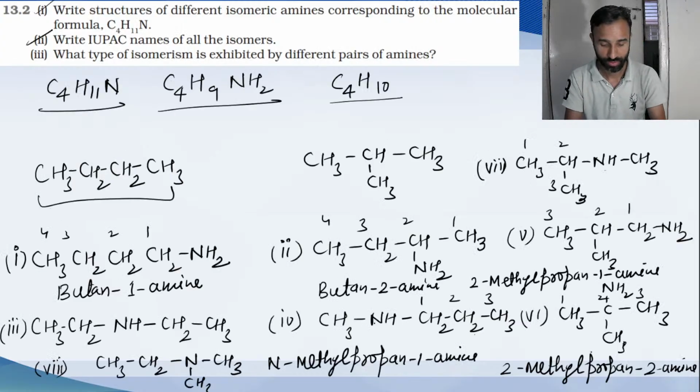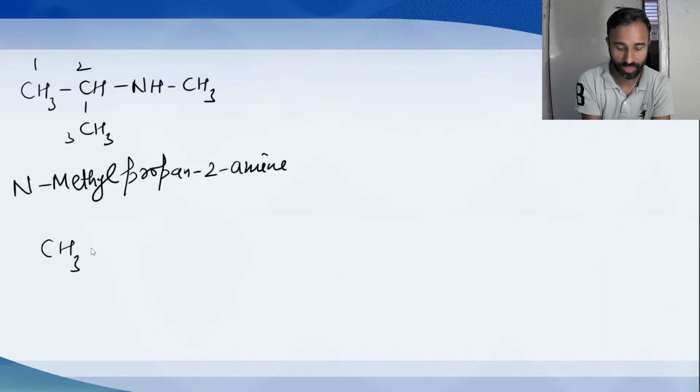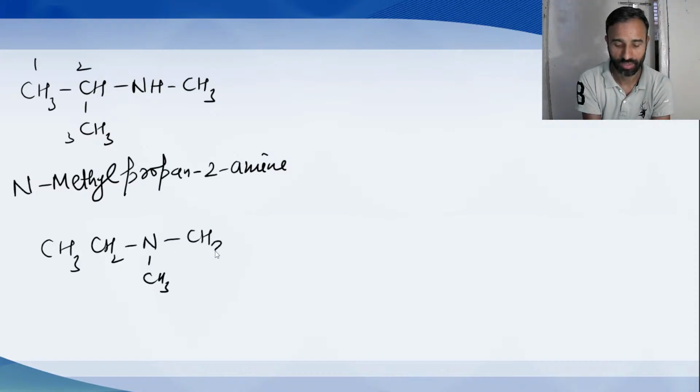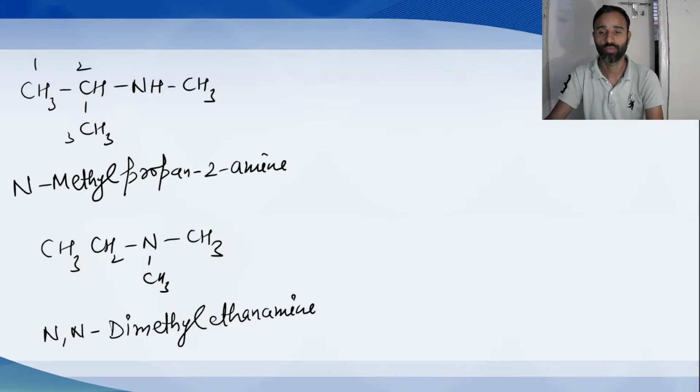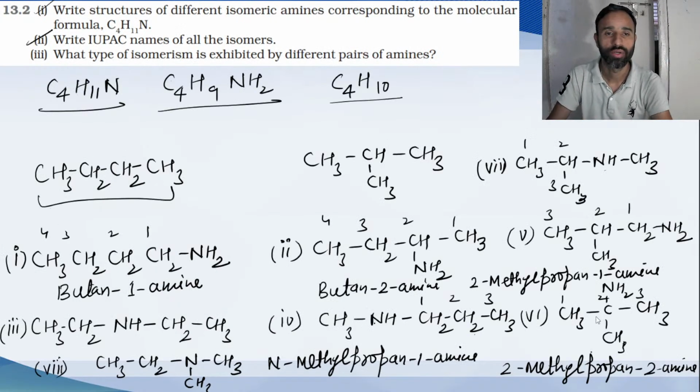Then it is CH3CH2N(CH3)CH3. What is the name of this compound? It is N,N-dimethylethanamine. These are the IUPAC names.